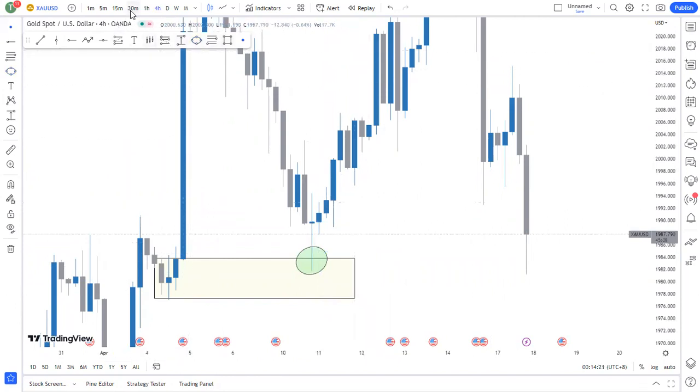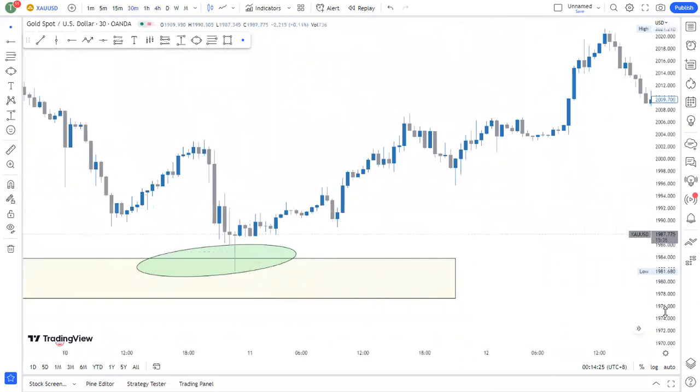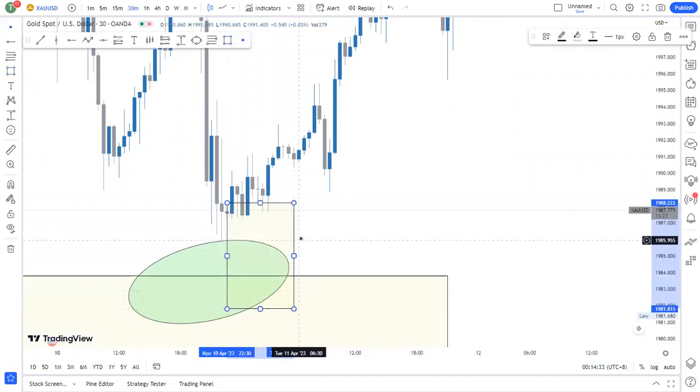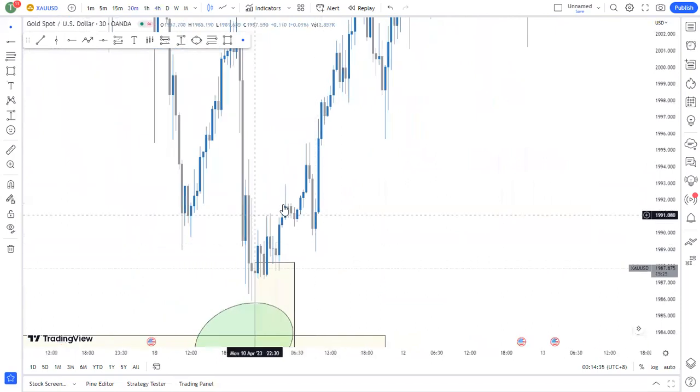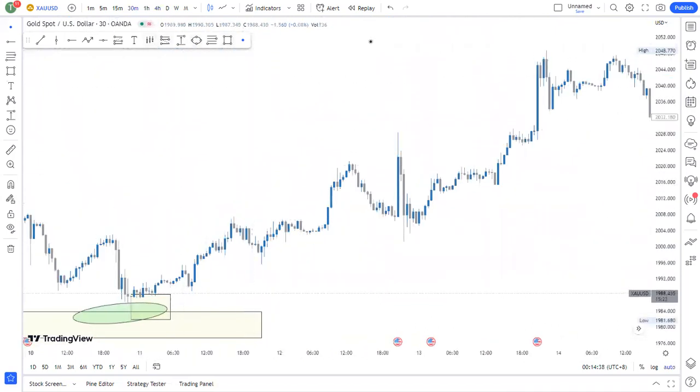If you can see here, there is an engulfing buy, which tells us that the price is going to respect the zone, right? But there is no EF. Wait, I'm going to look for the price that has EF.